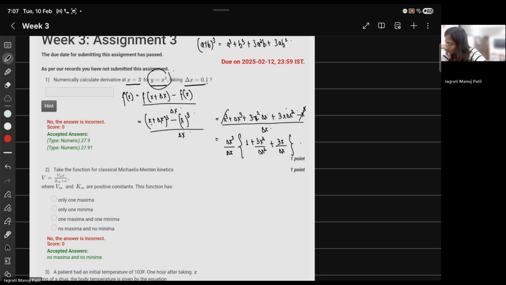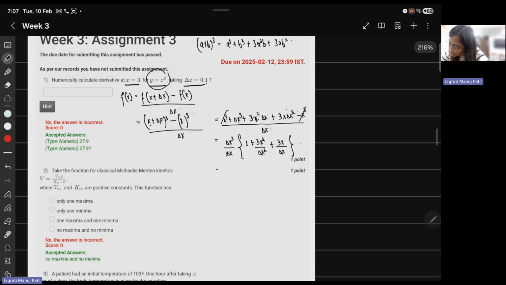So this makes it as delta x square, and then you have 1 plus 3 times 9, 3 square 9, then delta x square, so you have 0.1 square, and plus 3 3s are 9, divide by delta x, that's 0.1. So let's just evaluate this, and this is nothing but 0.1 square.